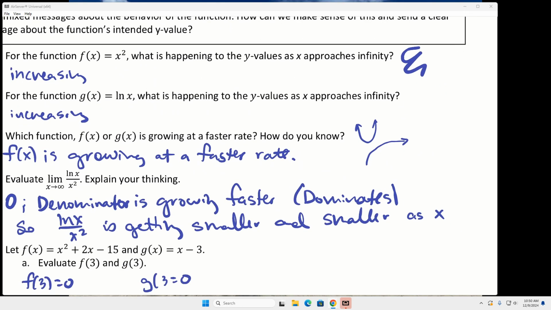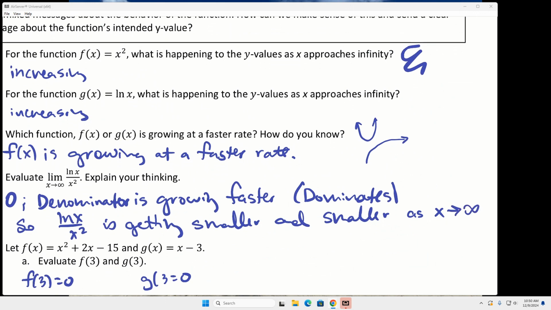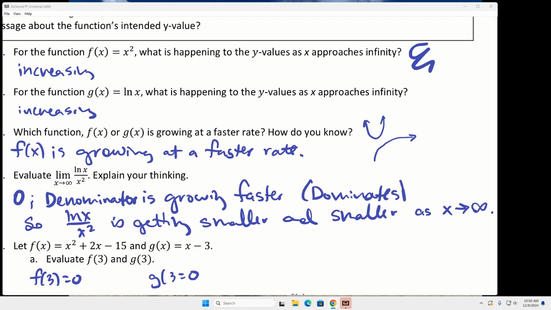As x approaches infinity, as x increases, those values are going to get smaller and smaller and smaller because you're dividing by a bigger and bigger number. So eventually you end up with 0 because you're dividing by something so big. It makes it non-existent, basically. Okay, not really non-existent. It makes it 0.